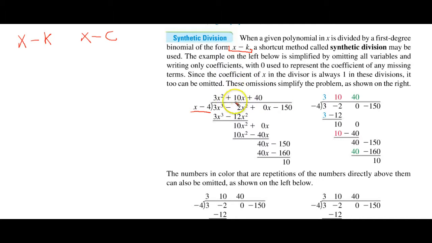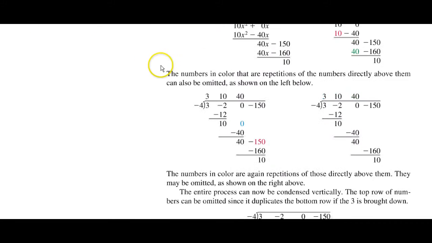In order to do this, there is a certain process. Here again, it's a little bit confusing, so we're going to skip this example and get right to the real examples. We'll get back to our x minus c or x minus k in a moment.